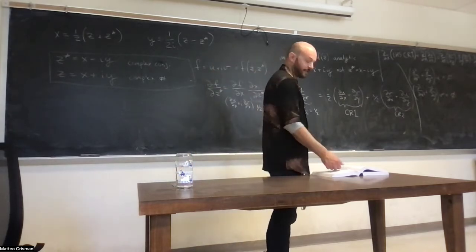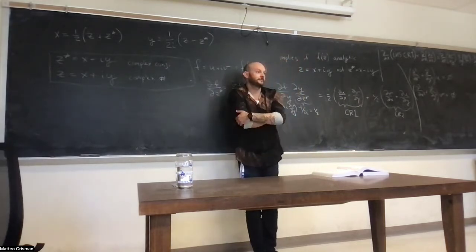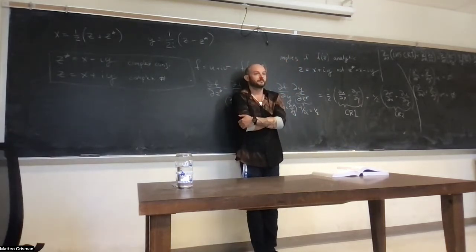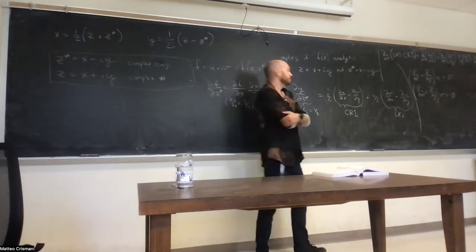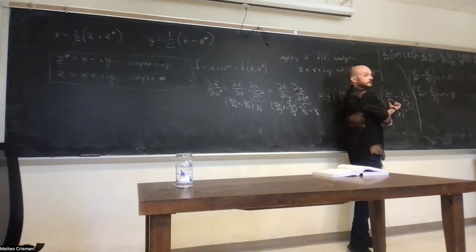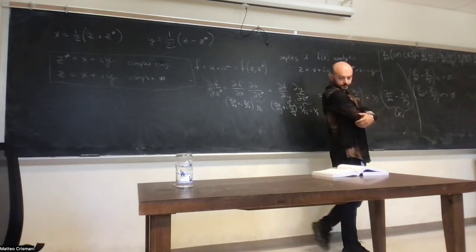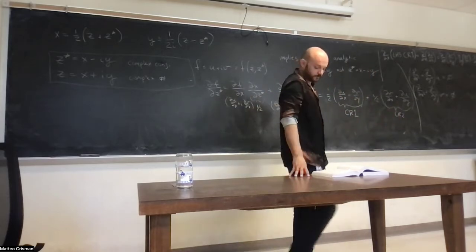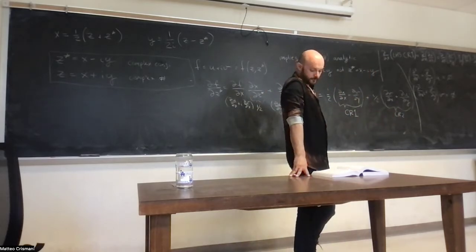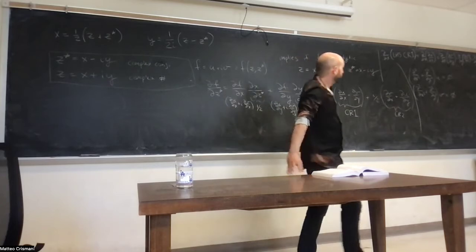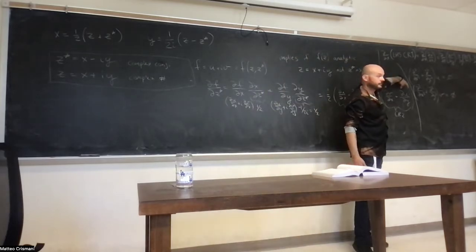All right, Reed. Now's your time to shine. So we have the partial x, and then we take another partial x. And then that's equal to, because dv dx is negative du dy.